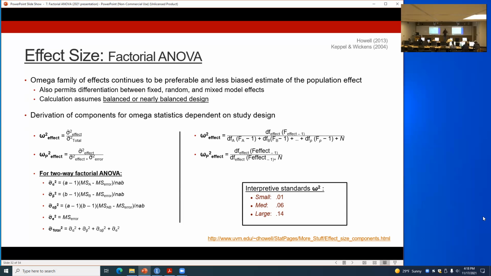When we get into partial omega squared, another complication is that the calculation depends on the design.